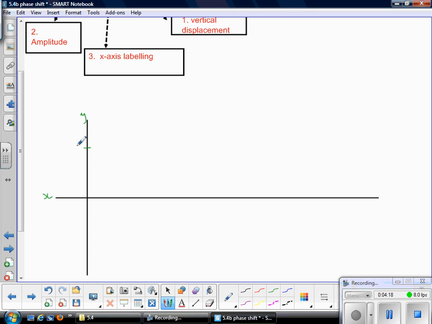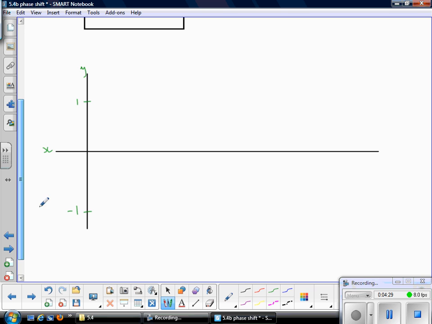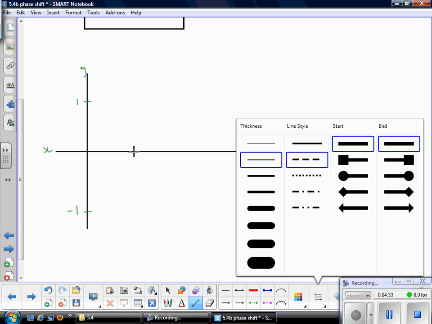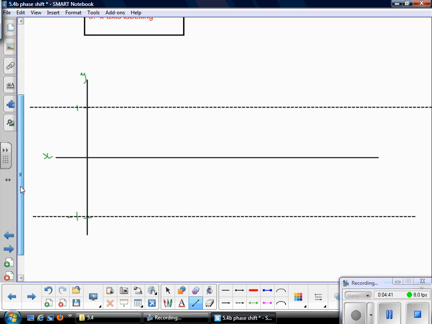I know that I do not have an amplitude change, so I know it's going to be 1 and -1. Okay, and I would put my dotted lines. Nothing here, so I know that my dotted lines are going to occur at 1 and -1. So now I need to label my x-axis.